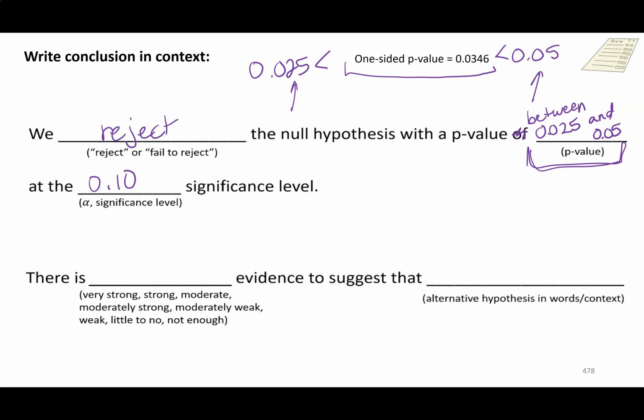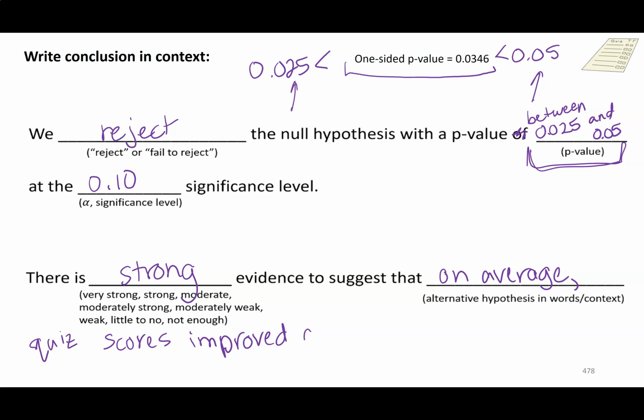So considering I have a p-value between 0.025 and 0.05, that's fairly strong. It could be moderately strong, but strong is okay here. So we have strong evidence to suggest that on average, quiz scores improved after the lesson.